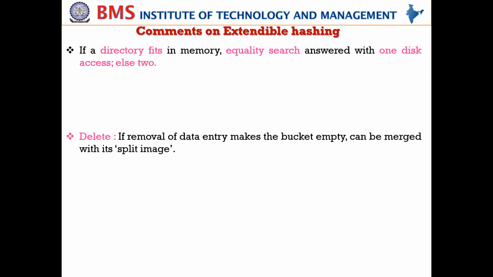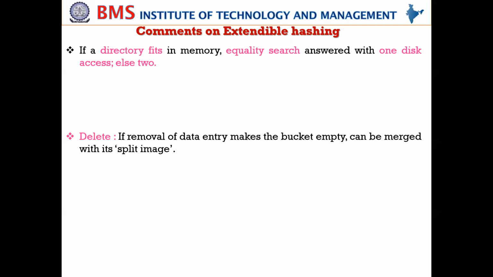Whenever you want to perform an equality search, and if you're able to fit your directory inside the primary memory, then you can perform such an equality search in exactly one disk access. You make one access to your hard disk, and you can tell whether a student with so and so USN number is present or not.